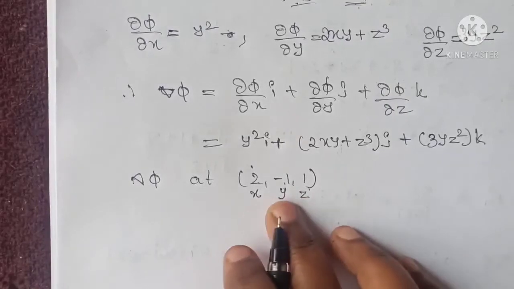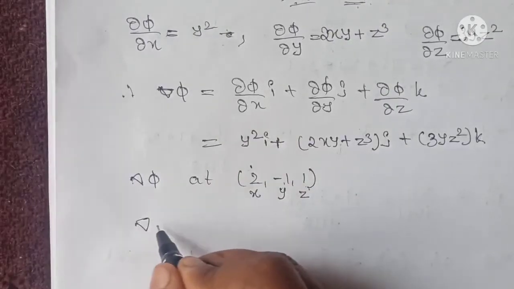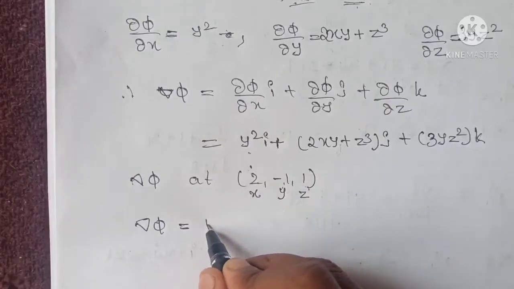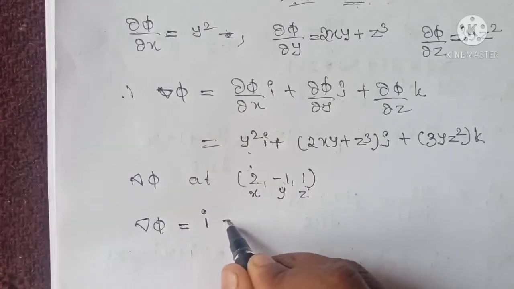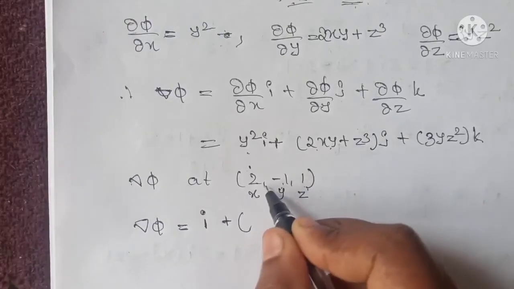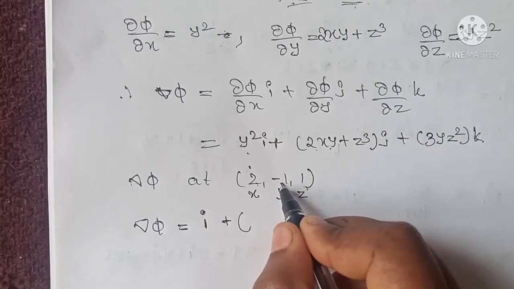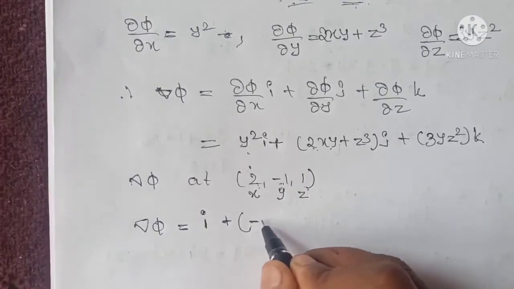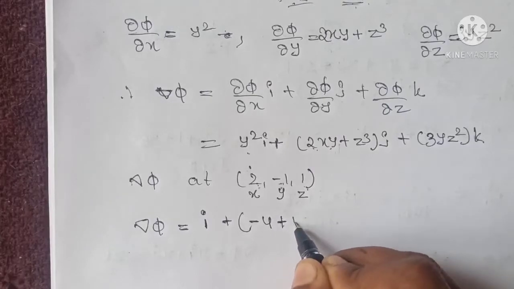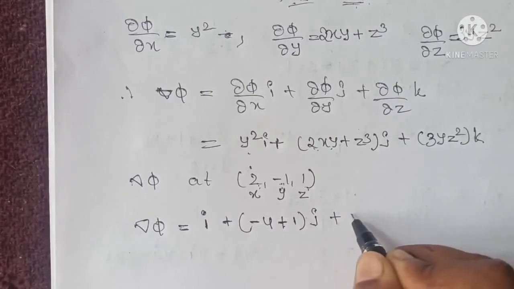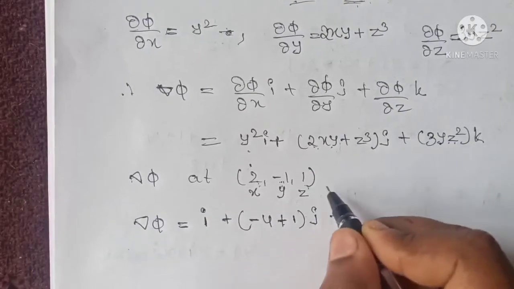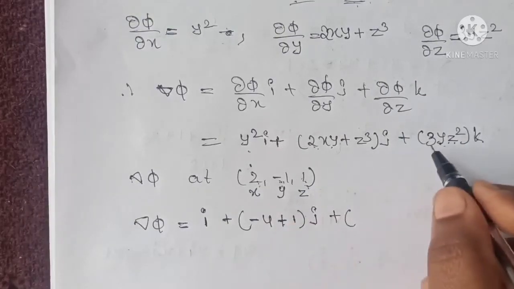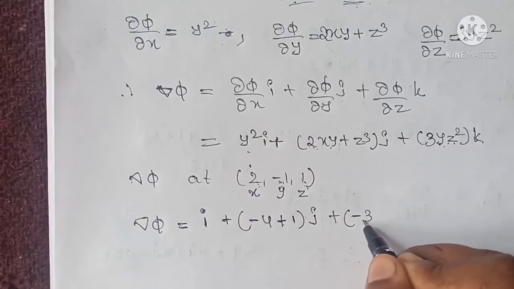Substituting these in del phi, we get y square, that is (-1) square, equals plus 1, therefore i. Then 2xy is 2 into 2 into -1, which is -4, plus z cube equals 1, so -3 j. Then 3yz square: z square equals 1, y is -1, so 1 into -1 is -1, and -1 into 3 gives -3 k.